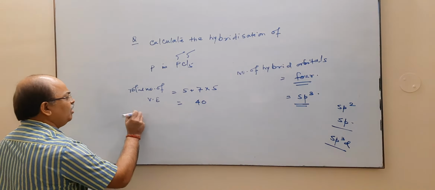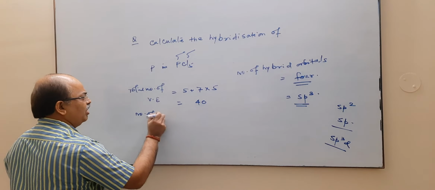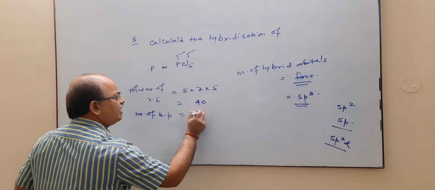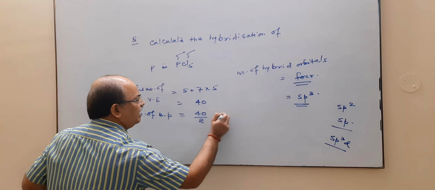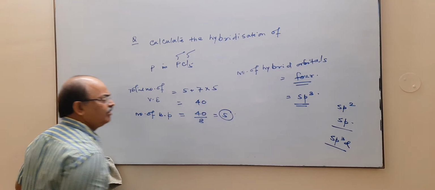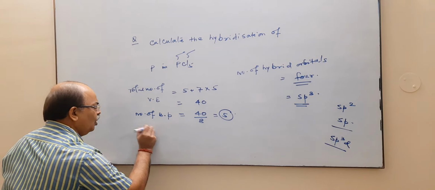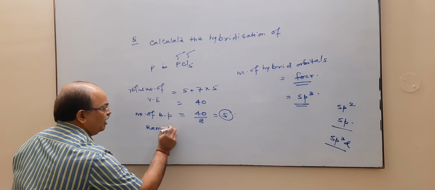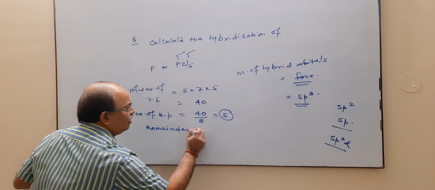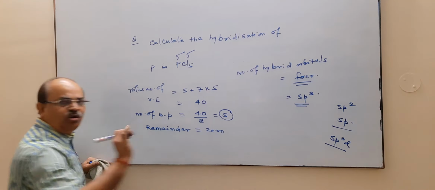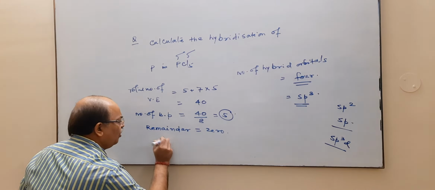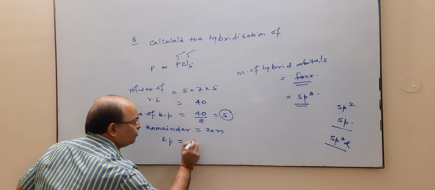Now what is number of bond pair? Number of bond pair means number of octet. 40 divided by 8, that is your 5. Any remainder? No. Remainder 0. So you can say your lone pair is 0.